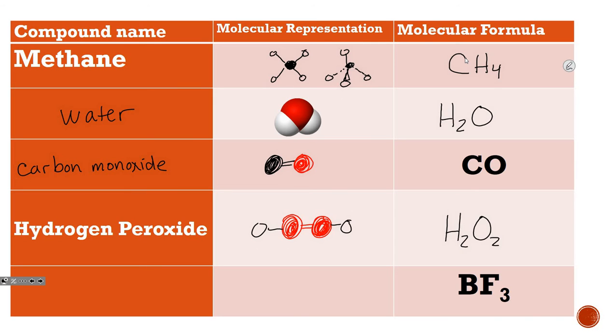And the bottom one, BF3, I don't have a tan, so I'm just going to use this sort of like that. That's my tan. And fluorine, we're going to use green for, so we're going to have a fluorine coming off here, here, and here. Should color those in. And this is named boron trifluoride.